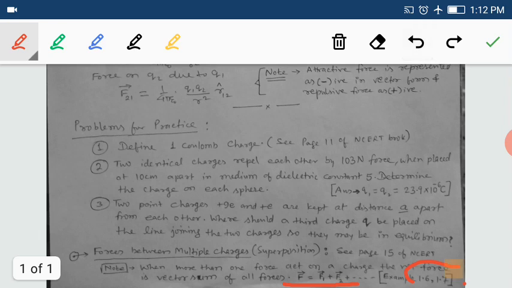In this way Coulomb's law यहाँ पर पूरा होता है. I hope that you can understand. For that you have to practice a lot. You can use the NCERT book only, don't go for other sources, and the rest we will discuss in the next lecture. Okay, thank you.